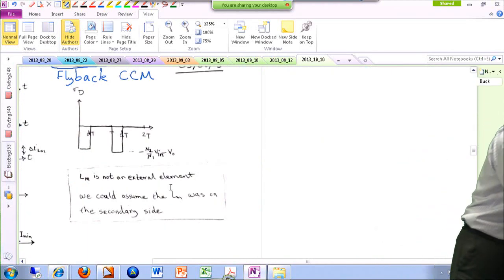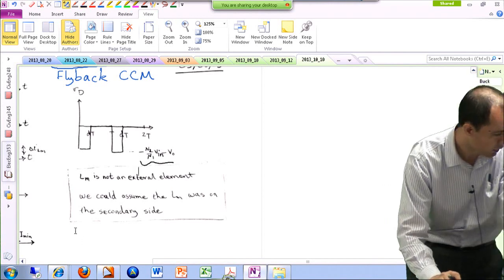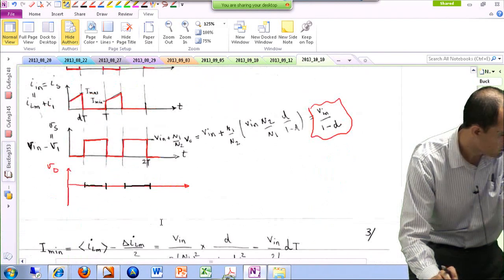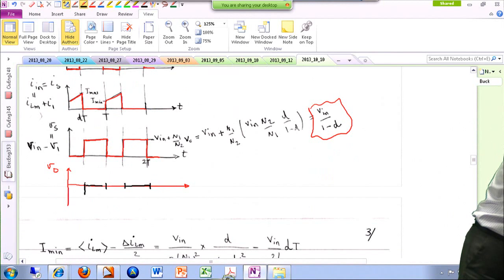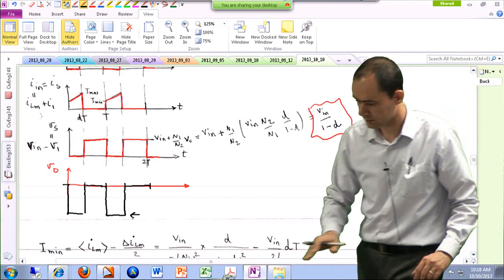And I have it actually written over here. I'm not going to rewrite it, I'm just going to draw it. Let me write it.